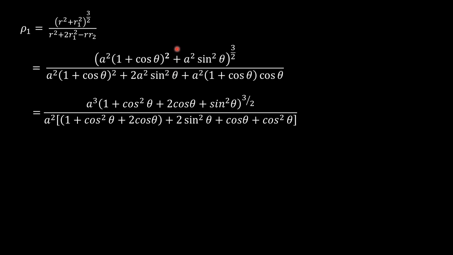Expansion of 1 plus cos theta whole square is 1 plus cos square theta plus 2 cos theta, plus sin square theta as it is, to the power 3 by 2.